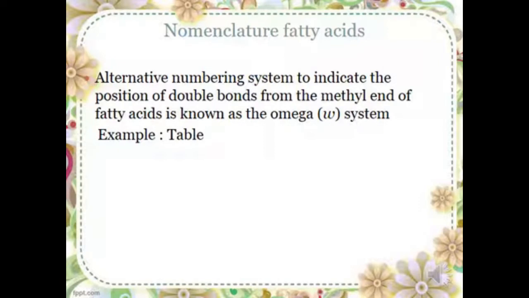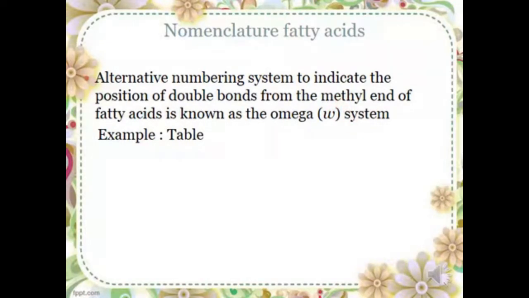As an alternative to the delta numbering system, we use the omega system. The omega system indicates the position of the double bond from the methyl end. So in the delta system, it is counted from the carboxyl end, whereas in the omega system we count from the methyl end.